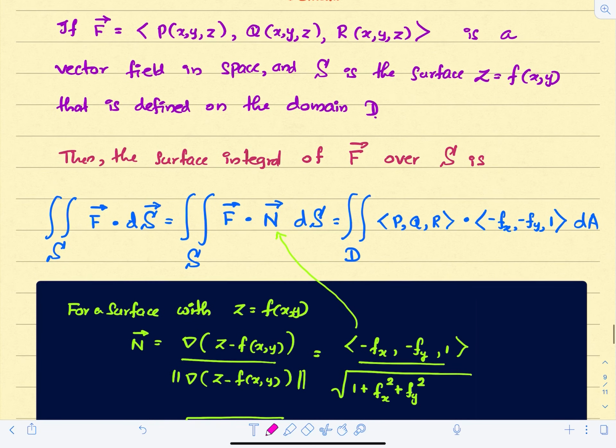Now this is a vector surface area element. This dS vector equals n dS. Note that this is a vector surface area element which equals n times the scalar surface area element dS.